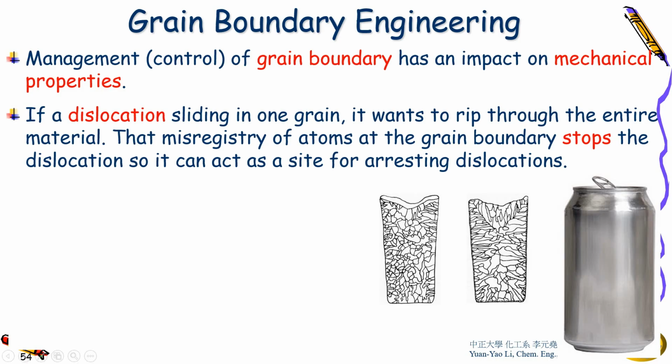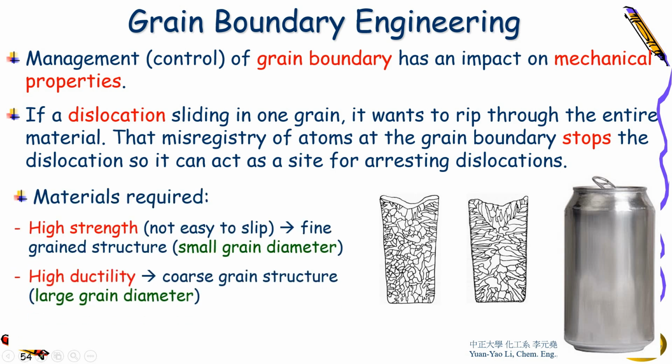Okay, so if you make a different structure, you will get different results. In order to make the can, you need to have a coarse structure, rather than a very fine grain structure. If you make a very fine grain structure, you cannot make a can like this.